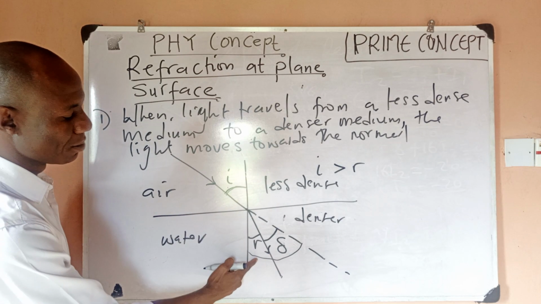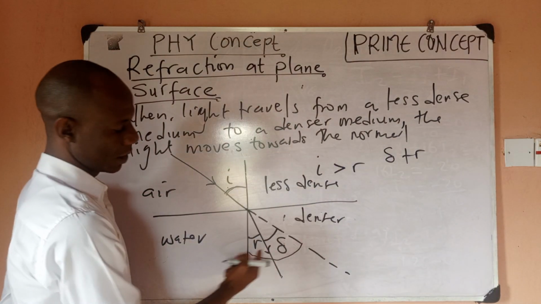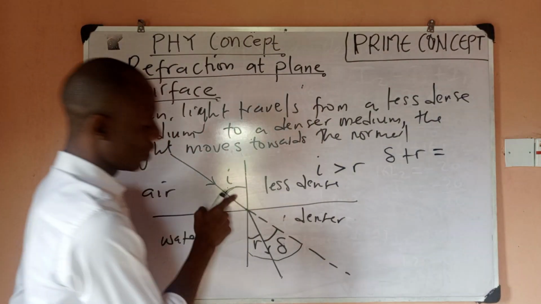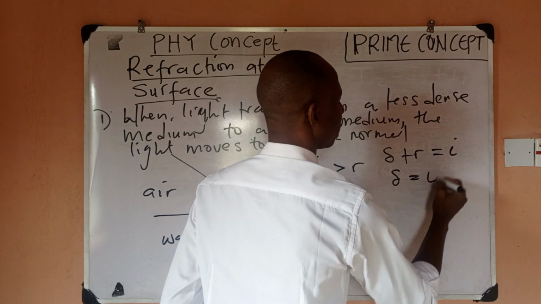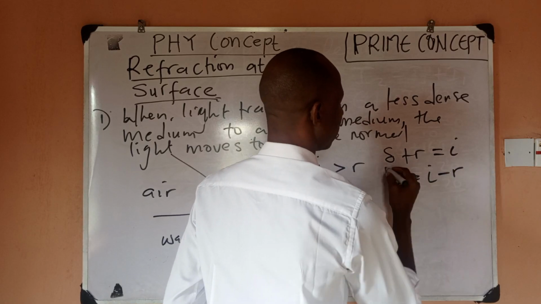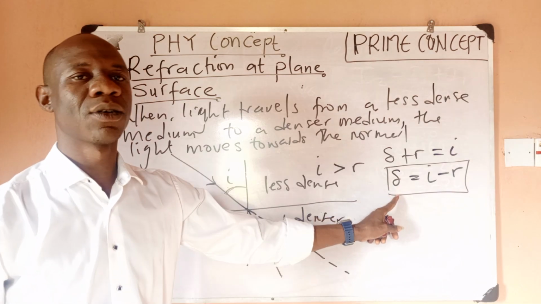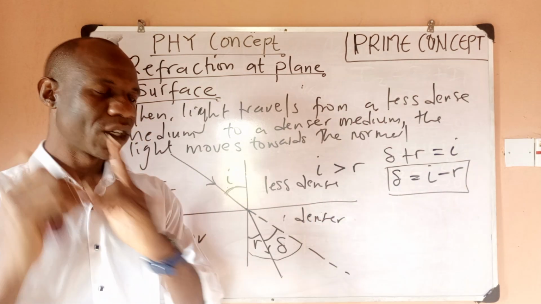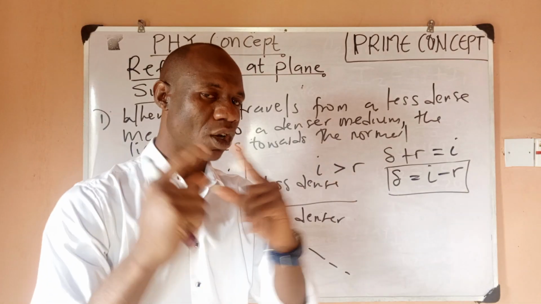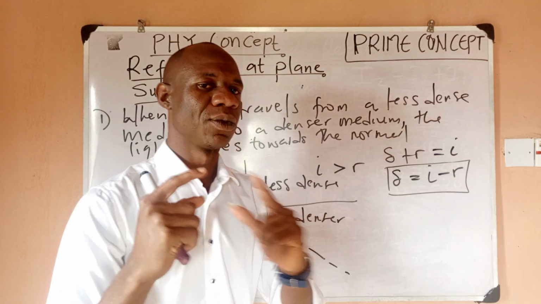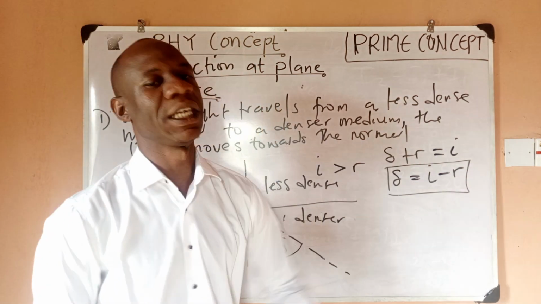So delta plus r should be equal to the whole angle here, which is I. Then delta becomes I minus r. So this equation you can use to find the angle of deviation. And this equation again tells you that your angle of incidence would always be bigger than your angle of refraction, and that is why you can take away your angle of refraction from your incidence.